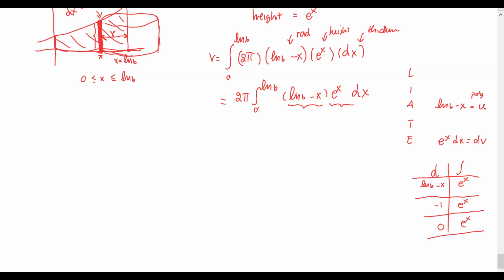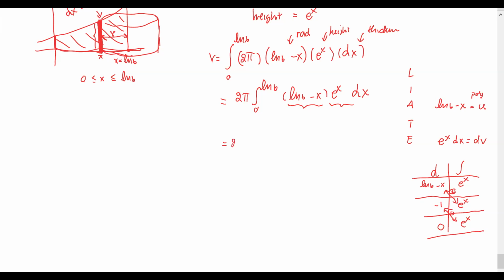Use the table to form the solution with the tabular method. The first product gets a plus sign in front, the second product gets a minus sign in front. Back to the problem.